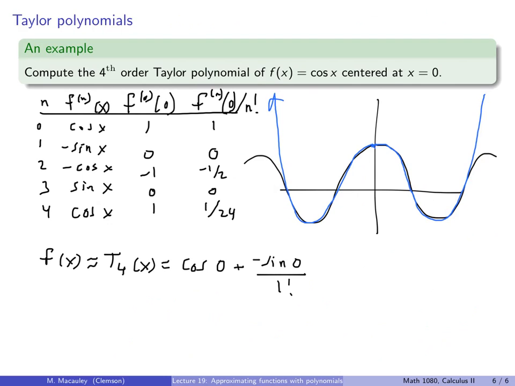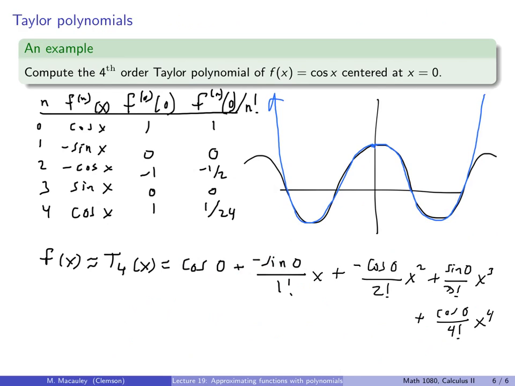So this is the constant term. This is the first derivative over 1 factorial times x minus a, so that's just x, plus the second derivative, negative cosine of 0 divided by 2 factorial times x minus a squared, plus the third derivative, sine of 0 over 3 factorial times x minus 0 cubed, and then plus the fourth derivative, cosine of 0 over 4 factorial x to the 4th.